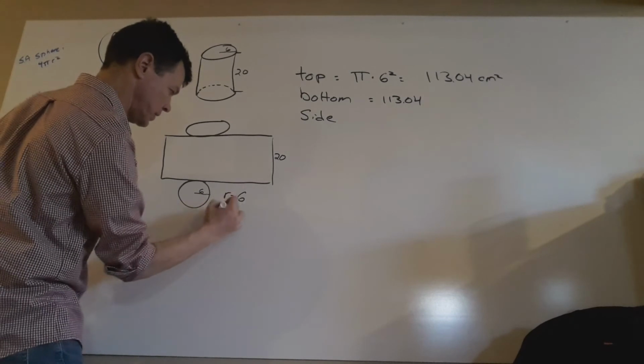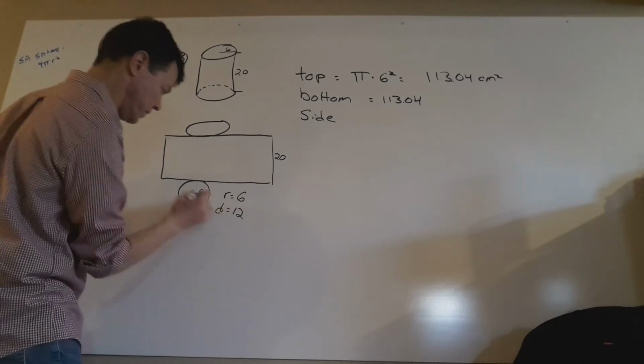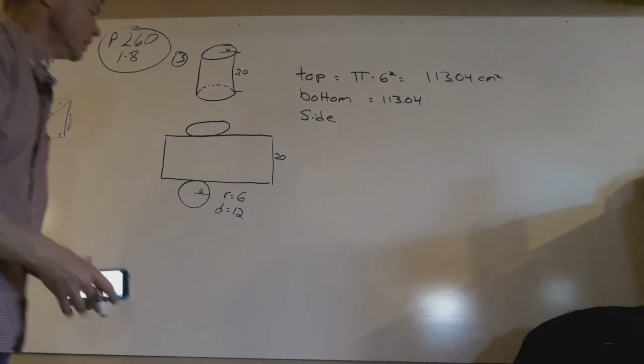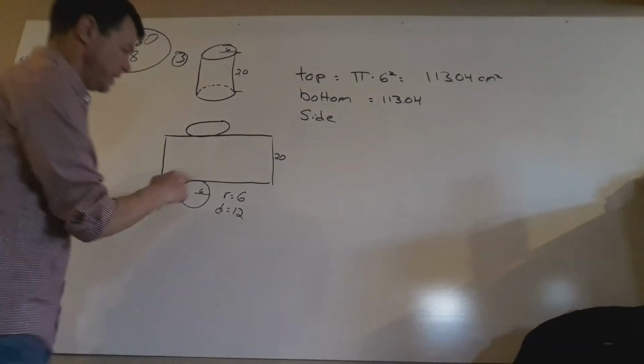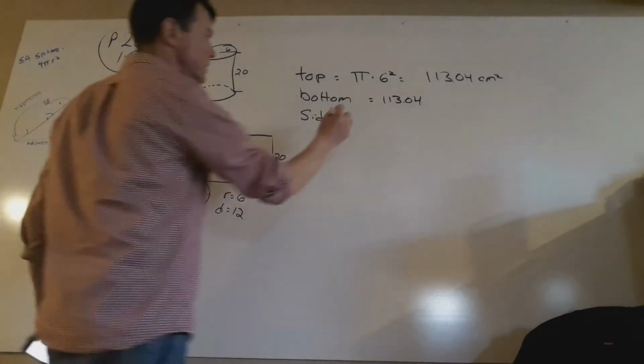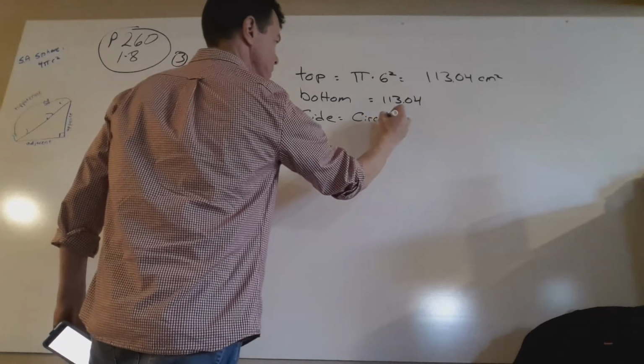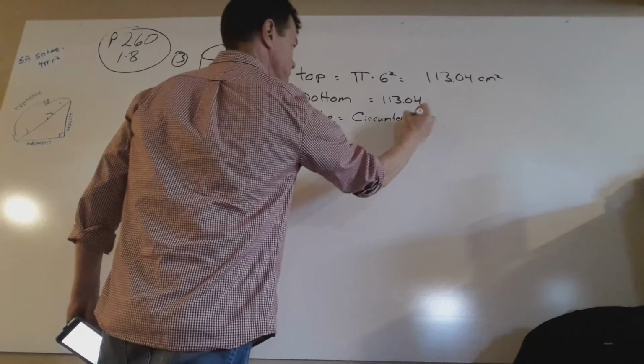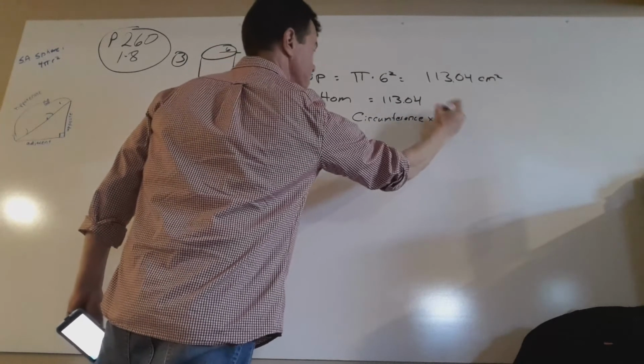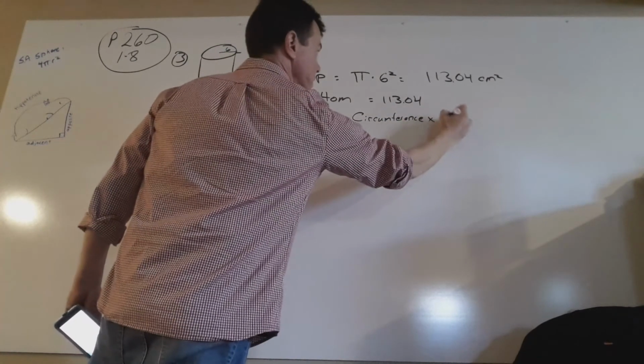Diameter is all the way across. I need to calculate the circumference. The side is just going to be the circumference times the height, which is 20.